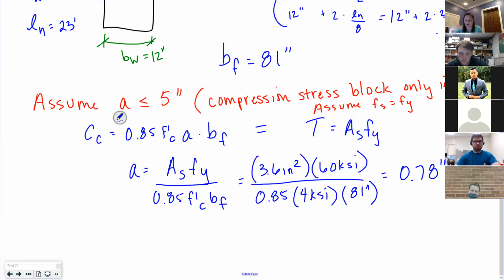So I don't have to go into the stem or the web. What you'll also notice is it's 0.78 inches.